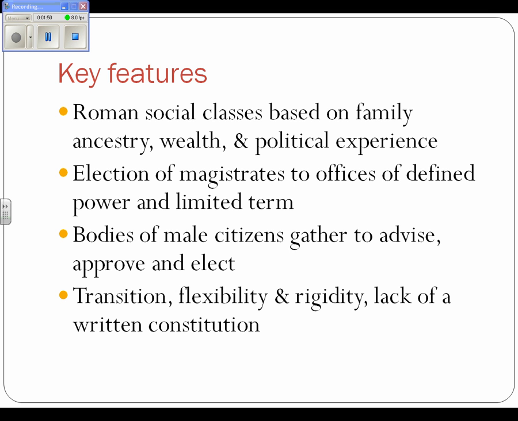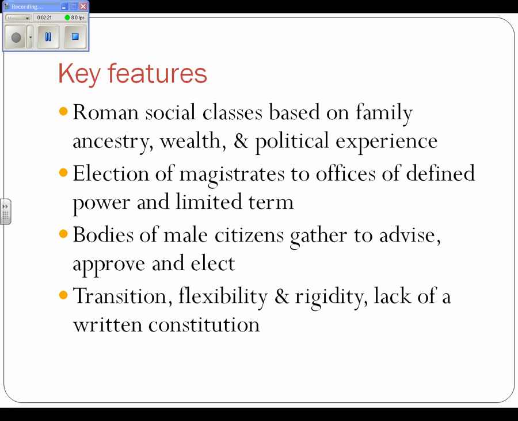One key difference: the social classes of ancient Rome affected the extent to which people could vote and be involved in Roman politics. And those social classes were based on a combination of factors. In some social classes, your family ancestry allowed you to be part of that social class or prevented you from being part of it.